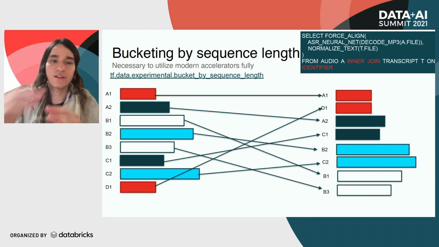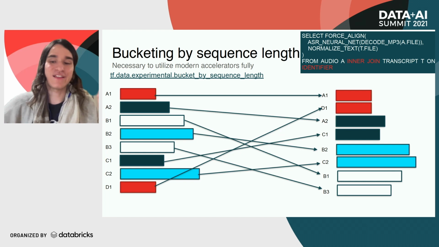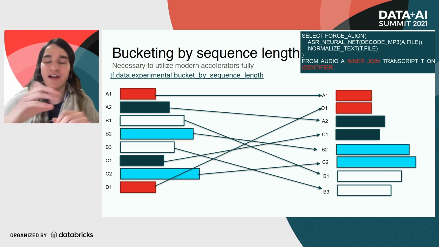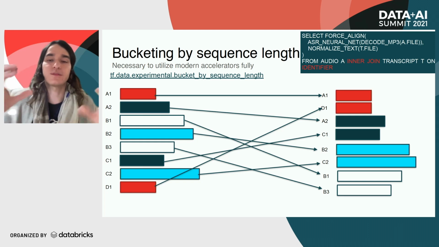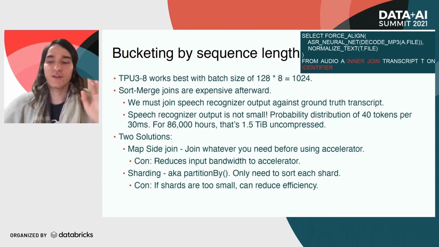This effectively does a bucket sort such that even if your data was sorted on the input side by your key, it's going to be sorted on the output side by your length, because essentially you want each sample to be of about the same length for full utilization of your processor, for microarchitecture reasons I won't get into. And that actually makes things a very big pain, because when you have a batch size of 1024.